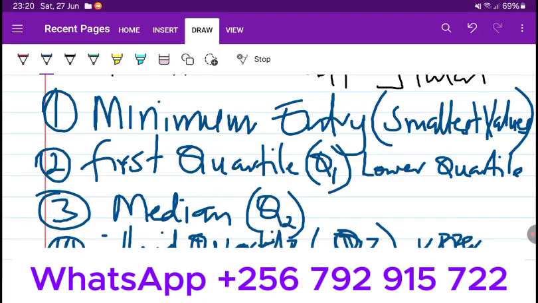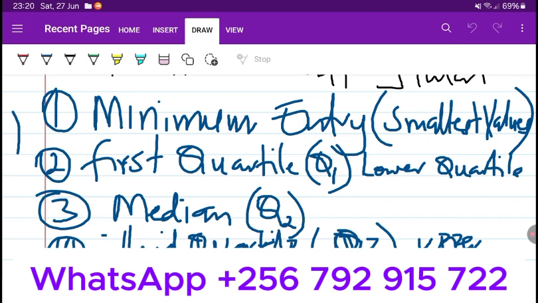Then the last one is the maximum entry. The maximum entry is the same as the largest or highest value in the data set. But we shall try to bring in other aspects, like what happens if there are outliers.